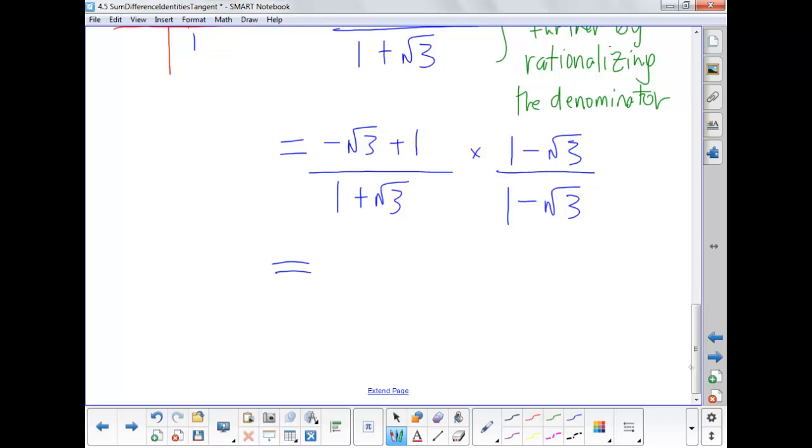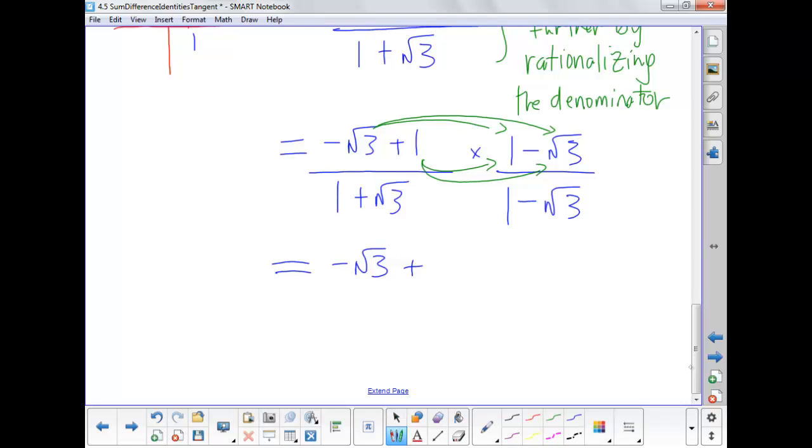Okay, so what I would now need to picture is, on the top and the bottom, I'm basically multiplying two binomials together. So on the top, if I use FOIL, the first term would have to be negative root 3, and then the next is going to be negative root 3 times negative root 3, and then the second term in that first expression has to multiply the other two terms.